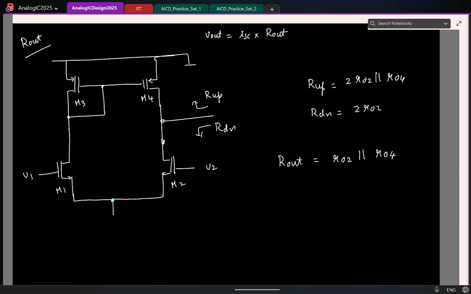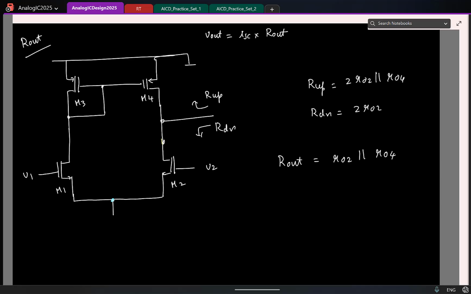But that doesn't mean that looking up I have R0 of M4, looking down I have R0 of M2. So that is something you should always have in mind. In fact, the looking down resistance is not R02, it is 2 times R0. But luckily all the stars and planets align in such a way that the total resistance is simplistically R04 in parallel with R02. The total result is fine, but it doesn't mean that individually they are R0.